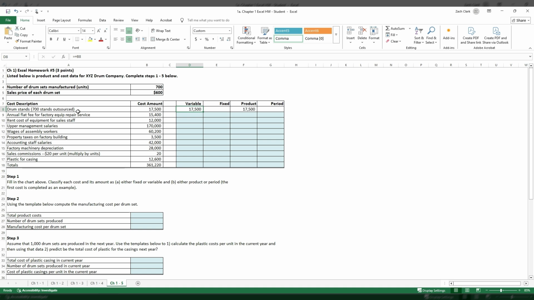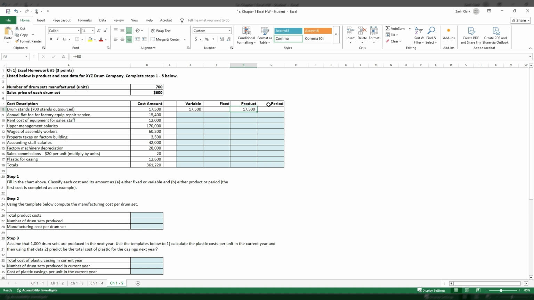When we say variable, we're saying the cost increases proportionally every time we produce a new unit. If you don't produce anything, you'd have zero cost. But if you produce 700, you have $17,500 because you had to buy 700 stands. That's what makes it variable. It varies as production goes up and down.